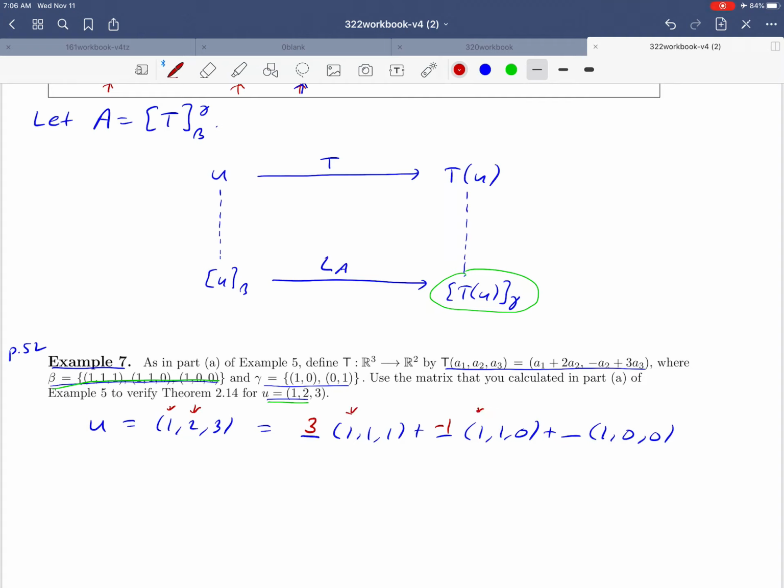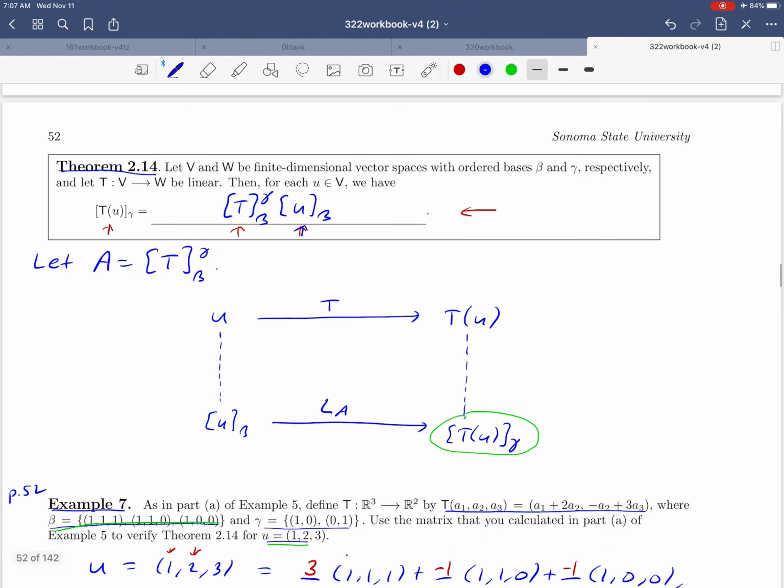We've got a 3 times a 1 plus a negative 1 times a 1. That's 3 minus 1 is 2, and we want to get a 1, so we need a negative 1 over here to make that happen. So we've got our blanks filled in, and the coordinates of u relative to our basis beta look like 3, negative 1, negative 1, transpose.